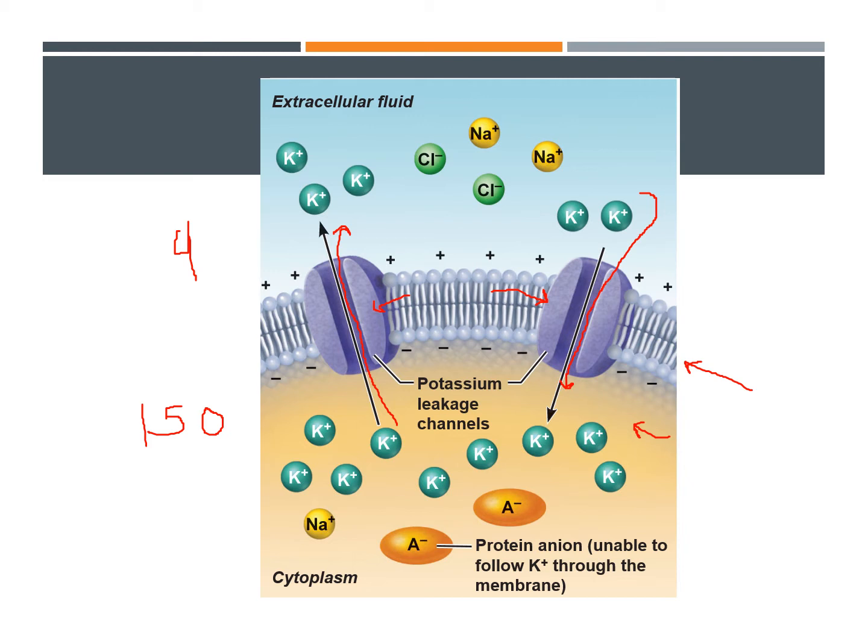Now, if we were to stick an electrical probe into this membrane, let me see if I can draw one here. So this is my probe, this kind of triangle thing here. And we were to measure the change in electrical charge as potassium diffuses out of the cell and then diffuses back in, we would get a measurement of minus 90 millivolts.